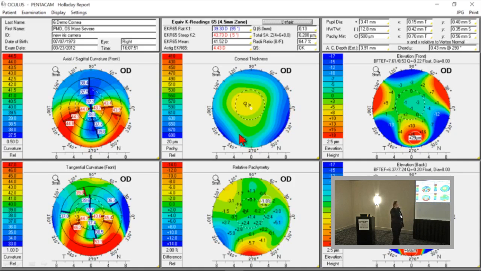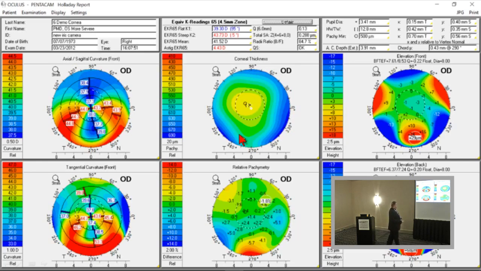Okay, well, the idea here is that with all that red, you're certainly not going to do refractive surgery on that patient. And the reason is, this is pellucid, all right? Pellucid marginal degeneration.